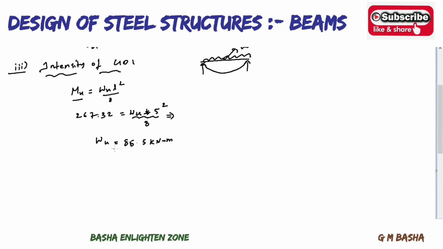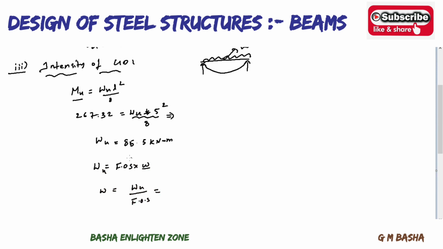Your ultimate load will be this much. How do we obtain this ultimate load? Ultimate load is equal to factor of safety into intensity of load. So w will be equal to Wu by factor of safety.